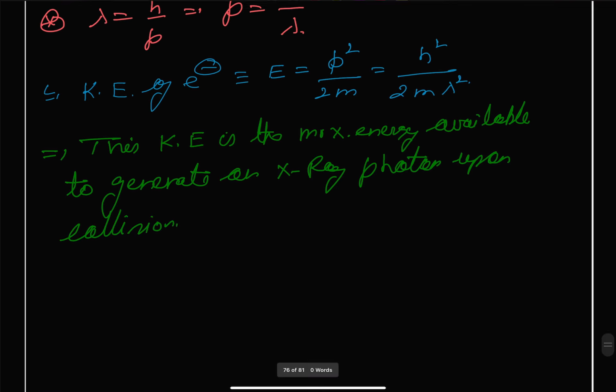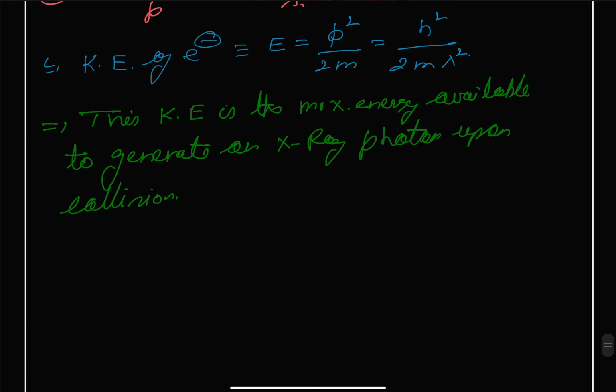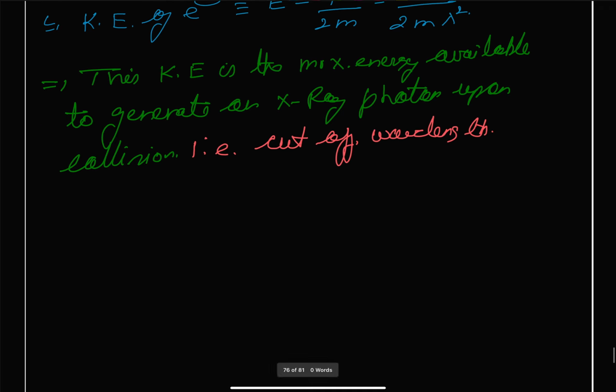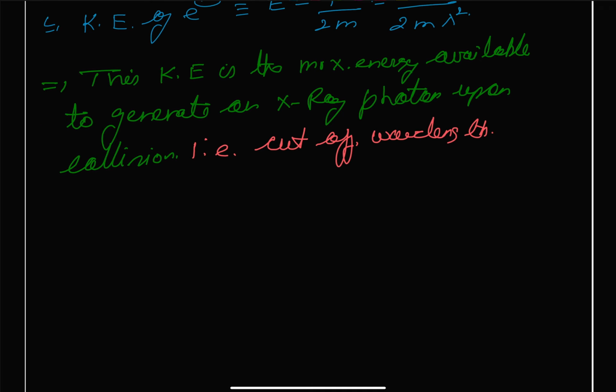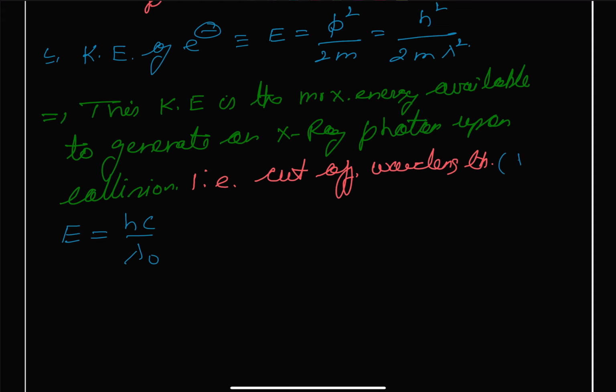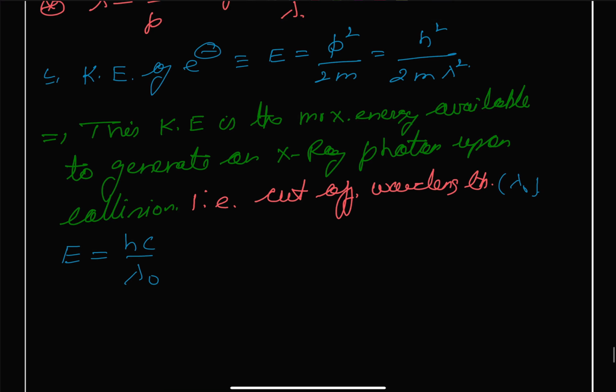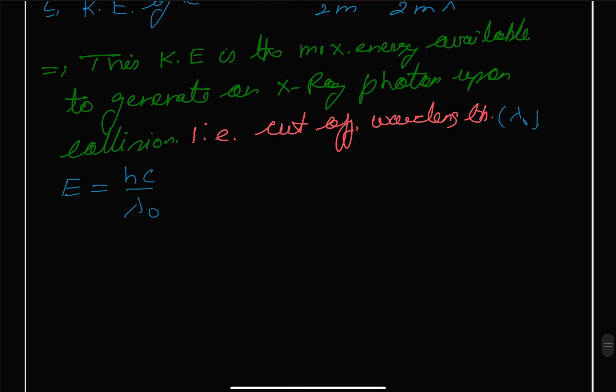Or we can say that is the cutoff wavelength. So we can write that our energy E is equal to hc upon lambda naught, and cutoff wavelength is here represented as lambda naught. So let us call this equation number 1 and this is equation number 2.